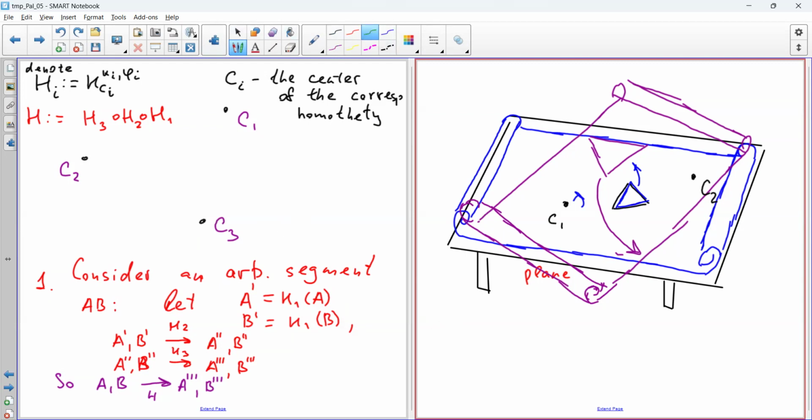We can say that A prime B prime, the length of it, would be equal to K1 times AB. Similar story about double primes.